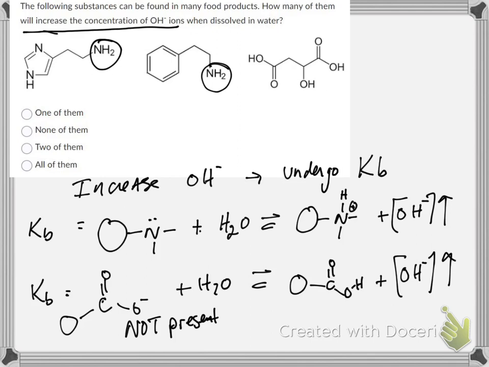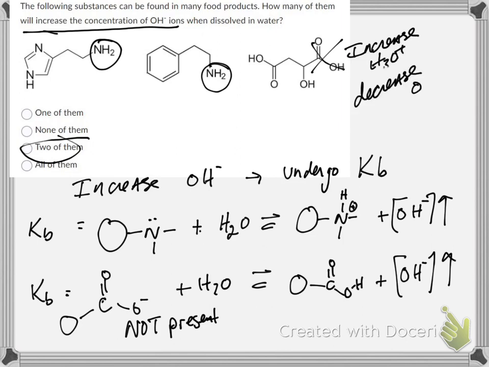So we have to focus on the neutral nitrogen groups, and we see that there are two of them that will produce hydroxide ion. The third one will not. Instead, it will increase hydronium ion, reducing the hydroxide ion concentration. So the third one will do the exact opposite of what we're being asked about.